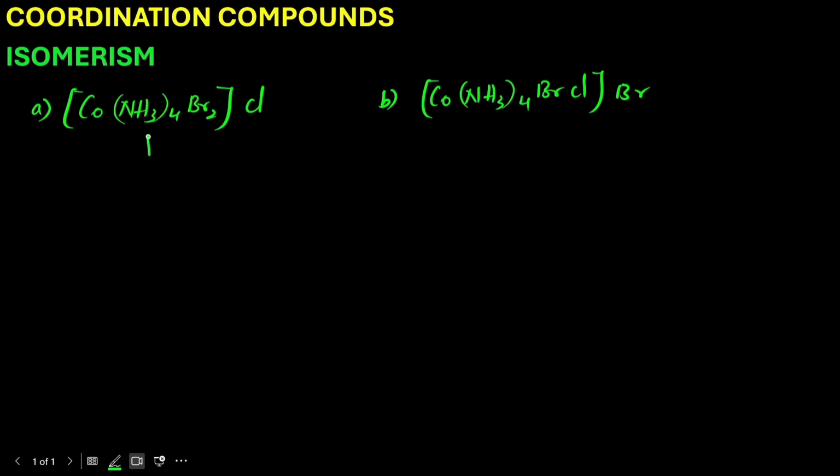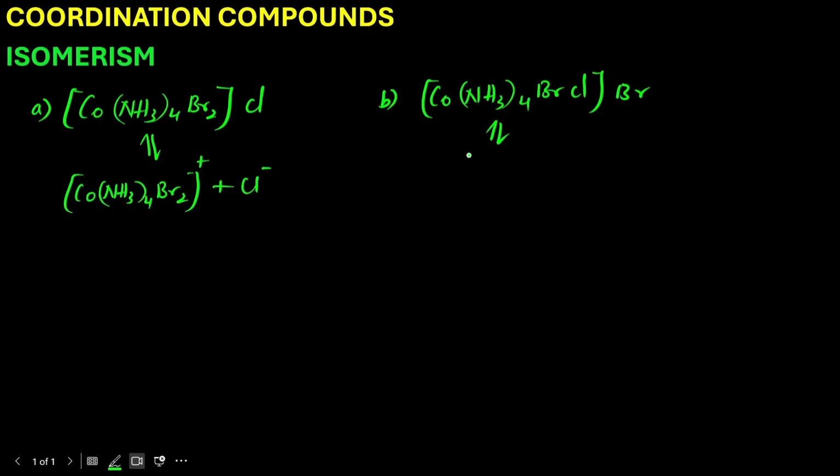This produces ions in the solution, that is [Co(NH3)4Br2]+ on the coordination sphere plus Cl-. These are the ions produced in the solution.